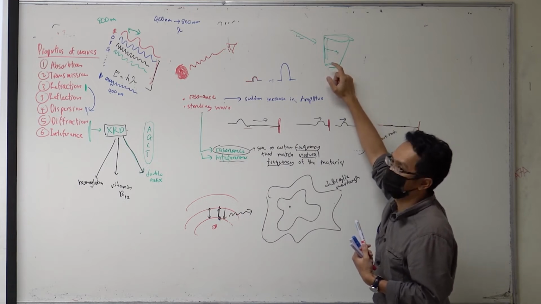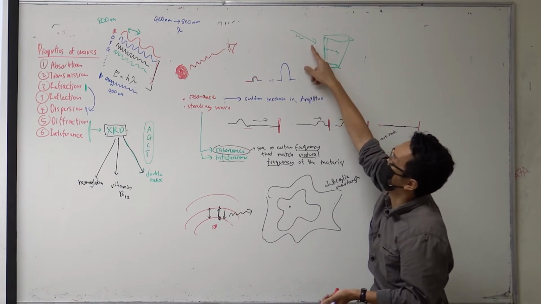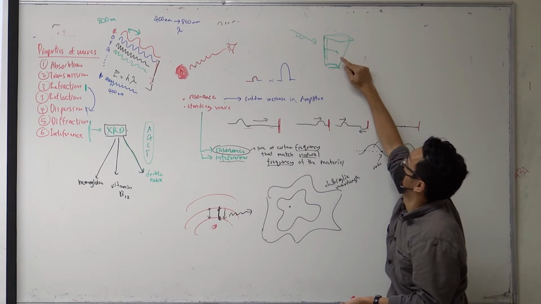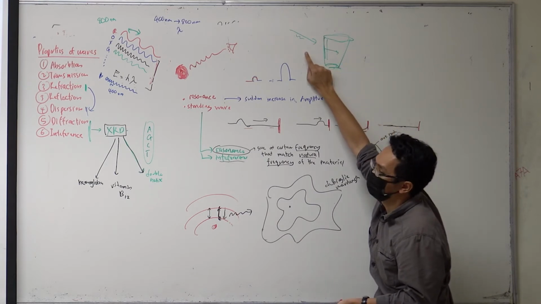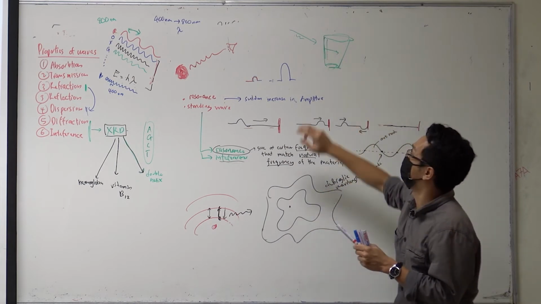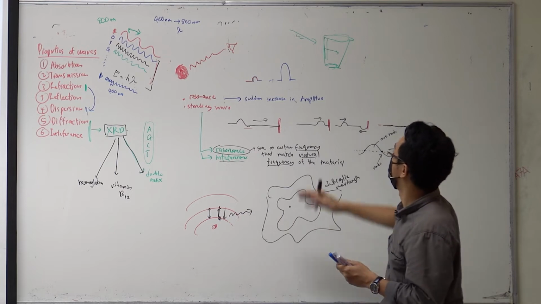For example, the opaque material: the reason it's opaque is because the energy hitting that material is at resonance with the natural vibration of the material itself. So that's why you see it as opaque.